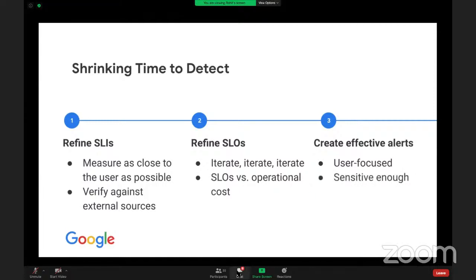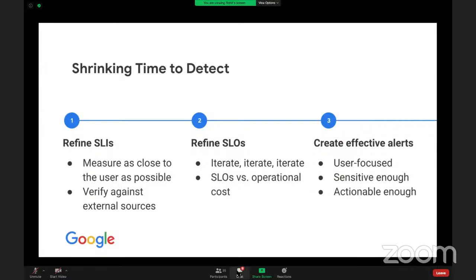Along the same lines, you need those alerts to be both sensitive and actionable. But it is hard to get both right at the same time. This comes down to the period of time that the alert averages over before it decides to fire. Alert too quickly, and you will be paged at midnight for something that goes away in a few seconds.